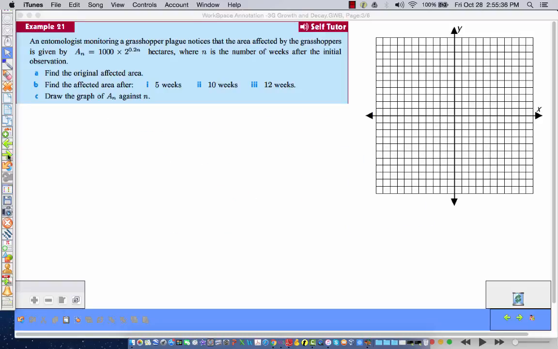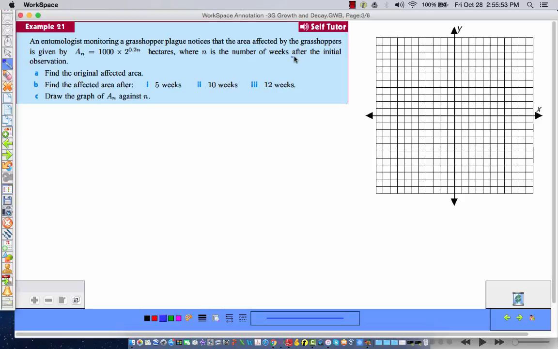An entomologist monitoring a grasshopper plague notices that the area affected by the grasshoppers is given by this function here, in hectares, where n is the number of weeks after, that's important, after the initial observation. So find the original affected area.